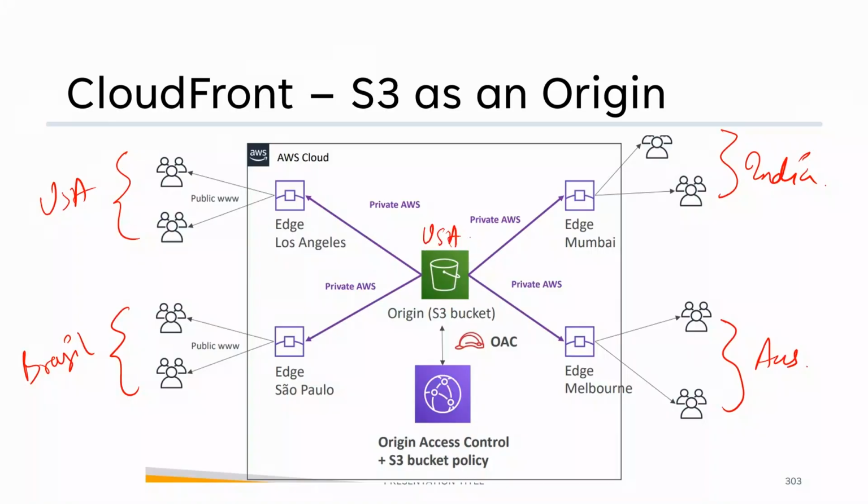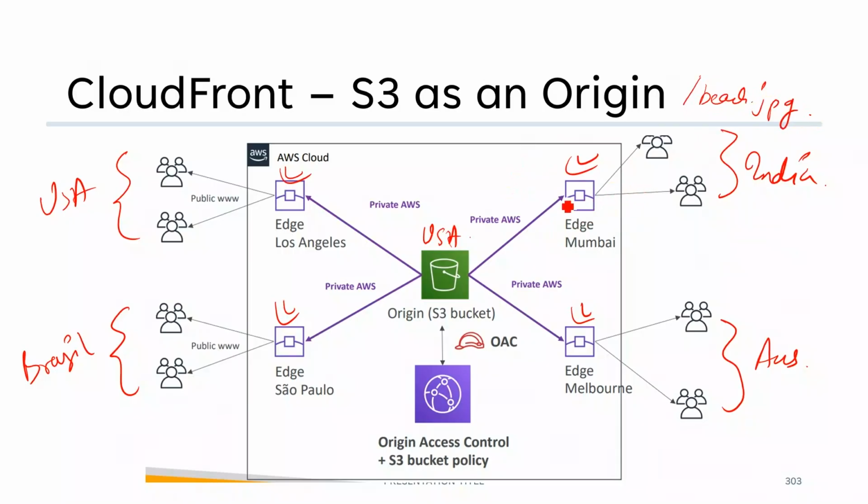As I've already talked about, AWS has 216 points of presence or edge locations. So there is one edge location in Mumbai, one in Melbourne, one in Sao Paulo, and another in Los Angeles. Now people from India are requesting that particular data, for example beach.jpg.